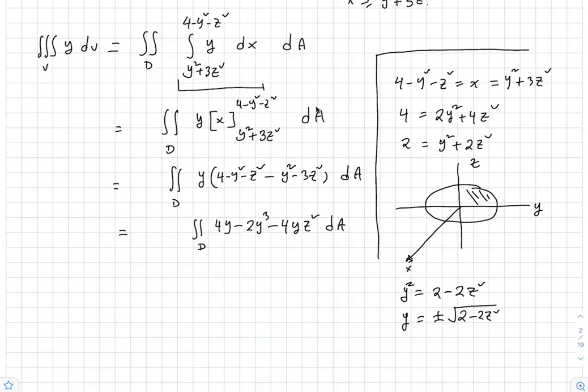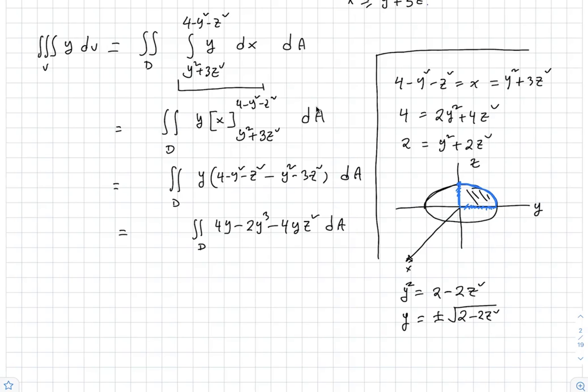One is this upper part of the ellipse. So maybe let's identify that in the first attempt. So the upper part is this one in the first octant. We restrict it to the first octant. So that means we are going from z from this line to that line, and y from here.